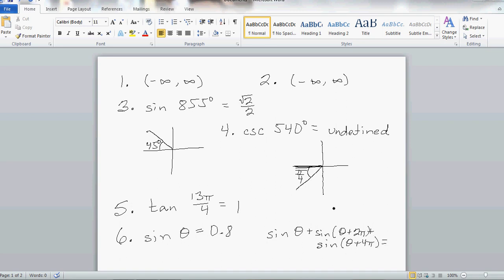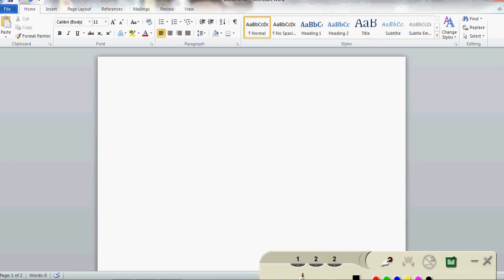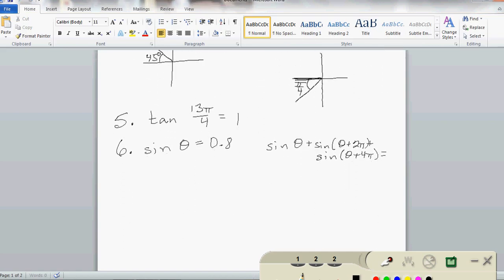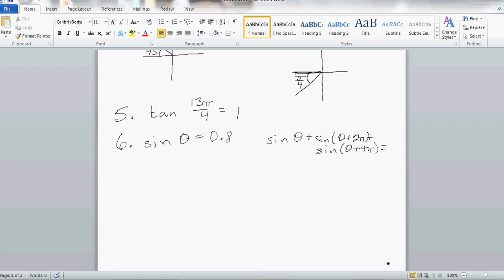Well, hopefully it doesn't take too much to realize that if we have a sine that happens to be positive, then that means it's either going to be in quadrant 1 or quadrant 2.